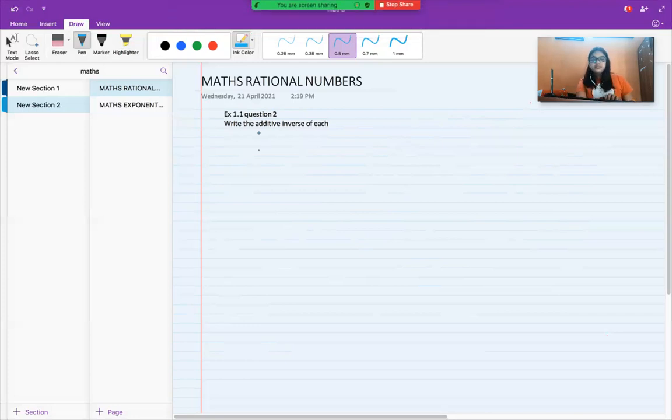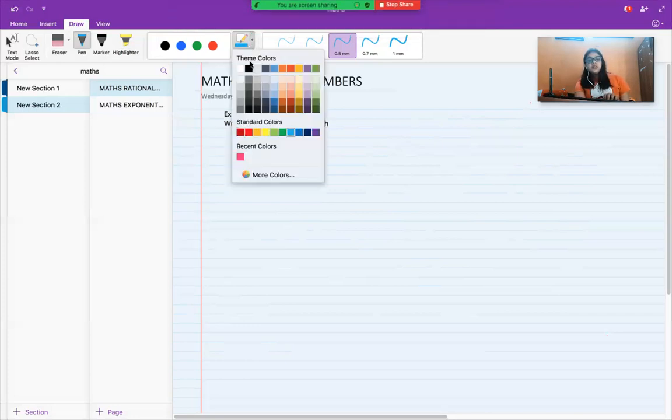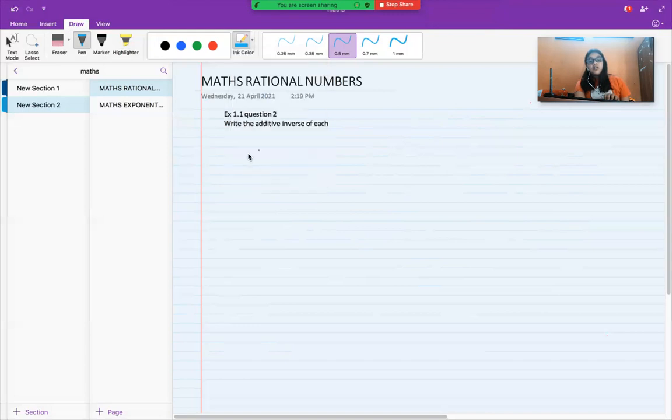Yeah, let's change the ink color. I don't know what's happening. 1 minute, guys.